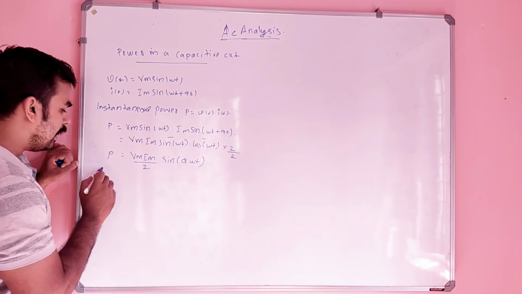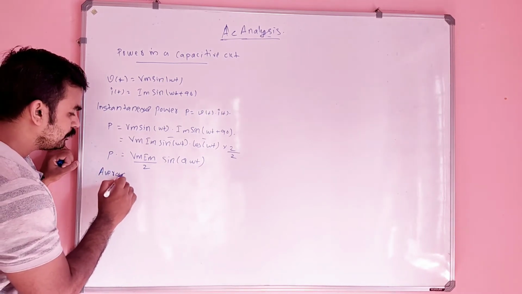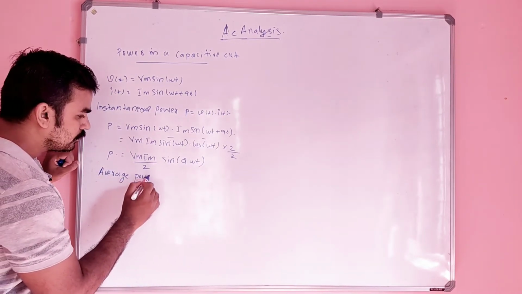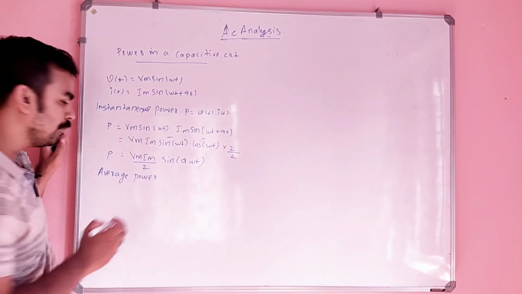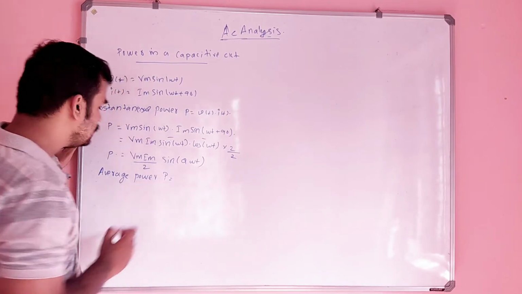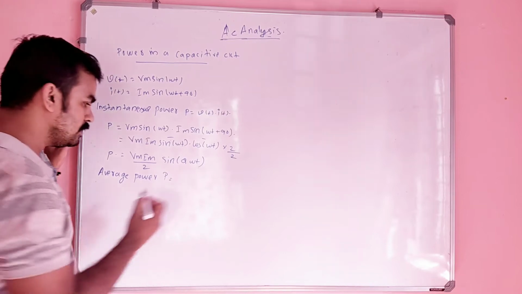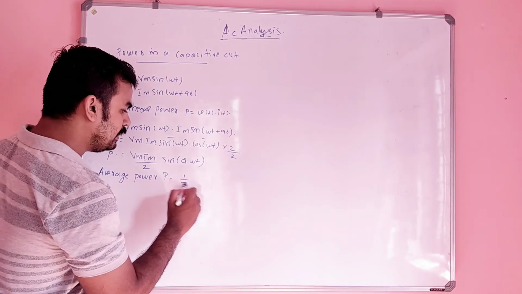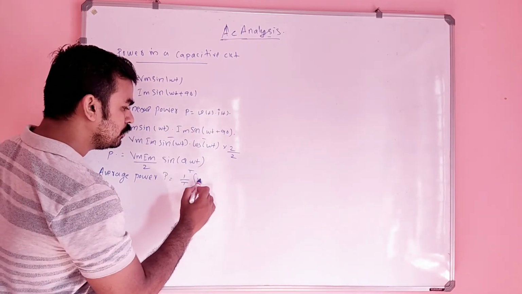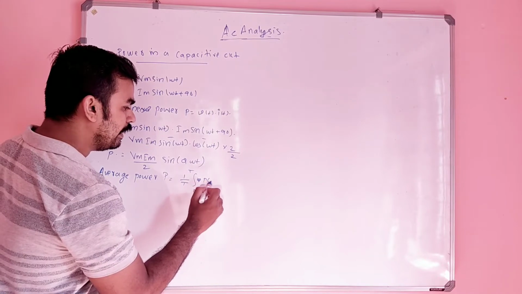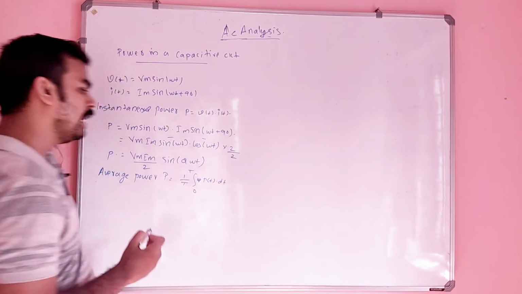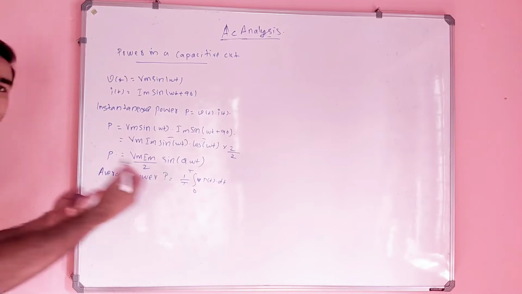Then what will be the average power? Average power, capital P, is nothing but 1 by T integral 0 to T of small p of t, the instantaneous power, dt, right? That is the average power. Or you can also write V of t into I of t dt.